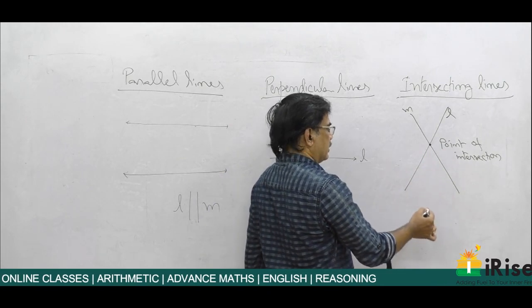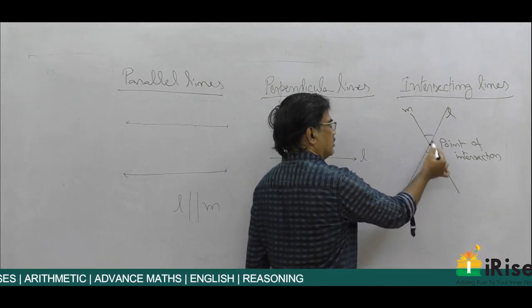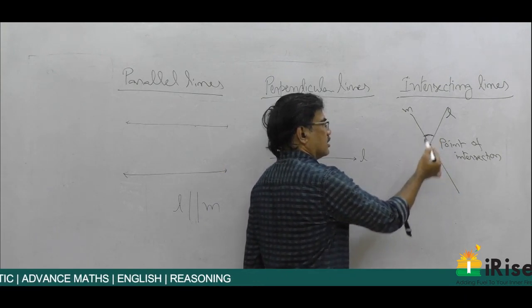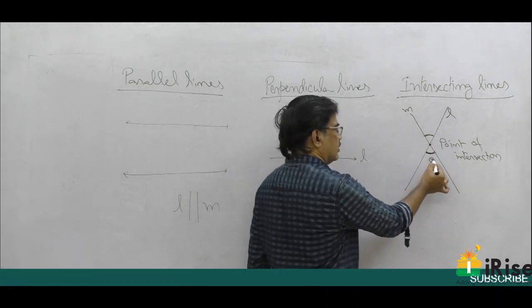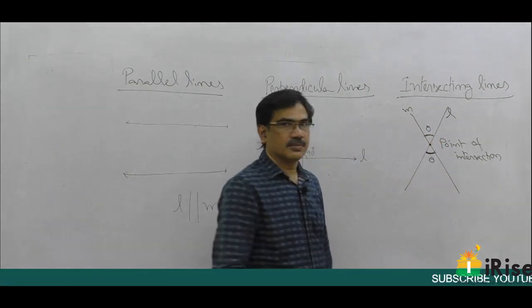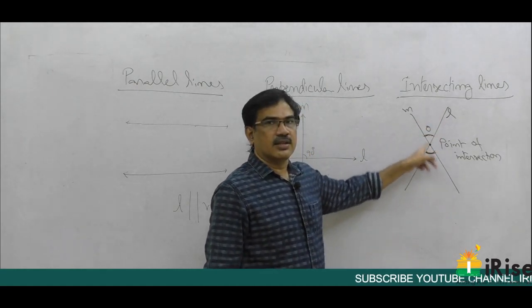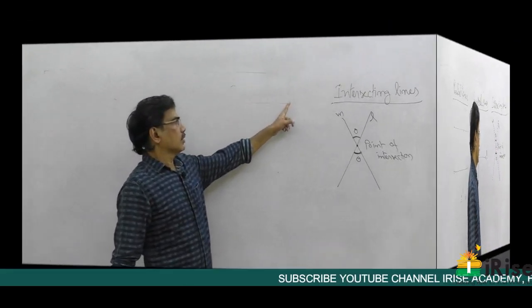At the point of intersection, there are four angles. Here, these two angles are called vertically opposite angles. They are always equal. If this is theta, this is also theta. If two lines intersect each other, then vertically opposite angles are always equal.